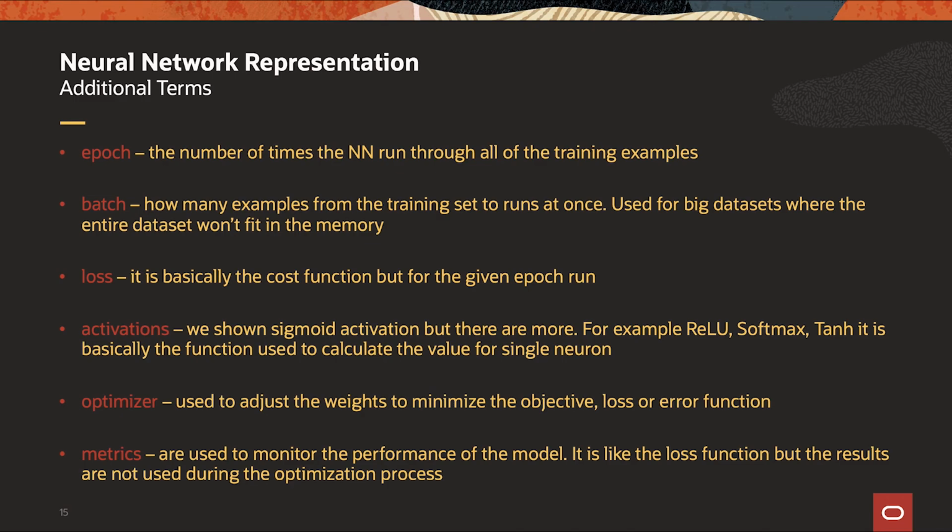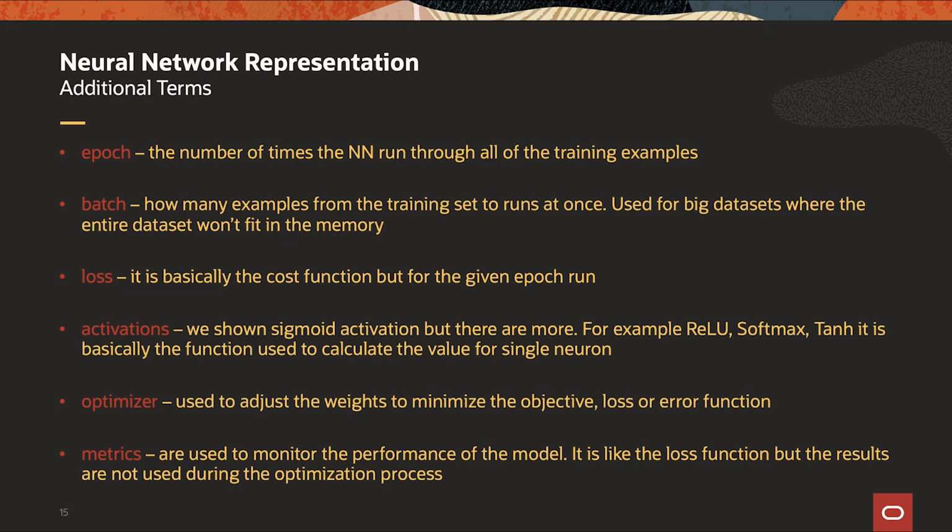Once this batch has run, the weights are going to be updated. Then a second batch is going to run, and the weights are updated again, and so on until the neural network has seen all the data. Once all the data has been seen, this is what's called one epoch.